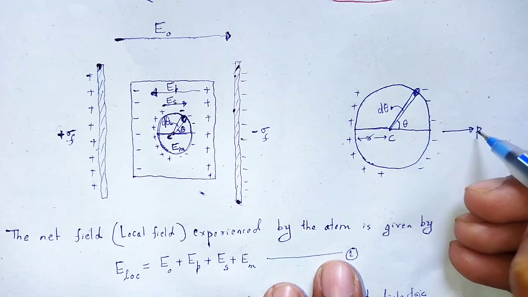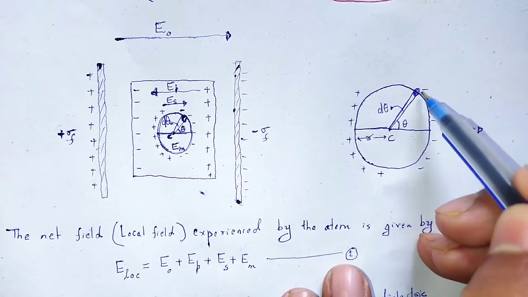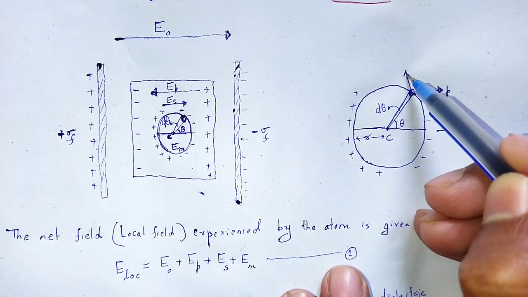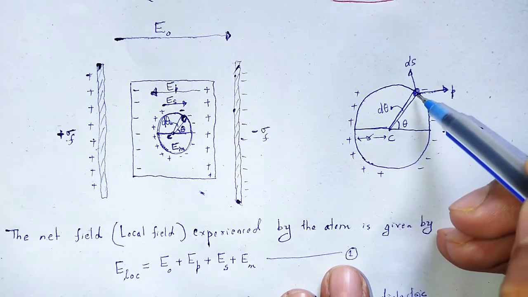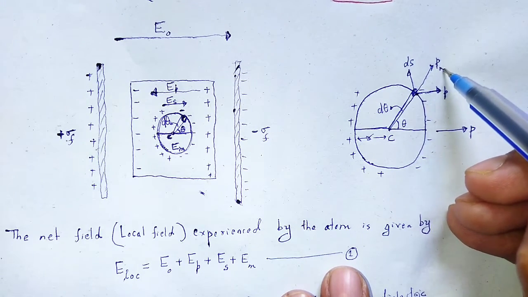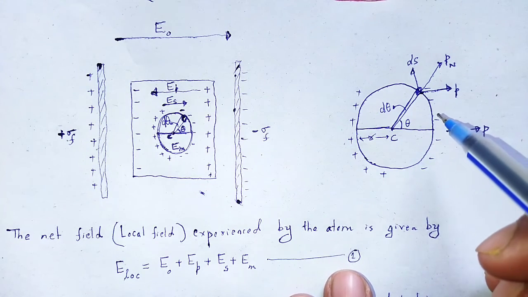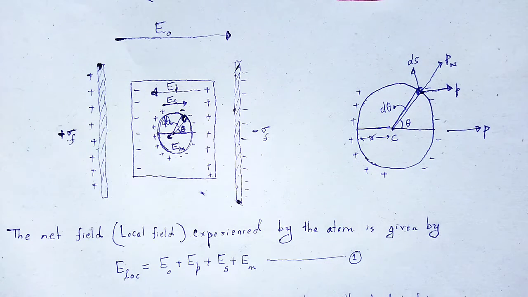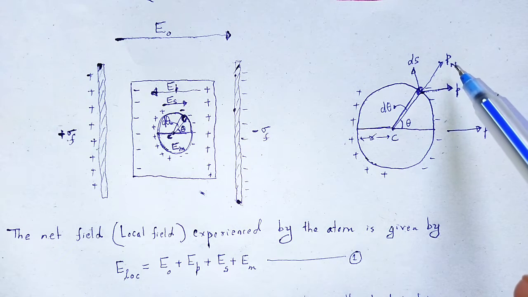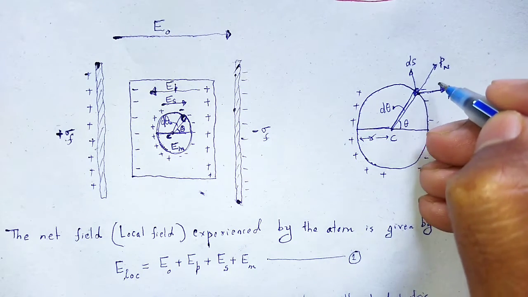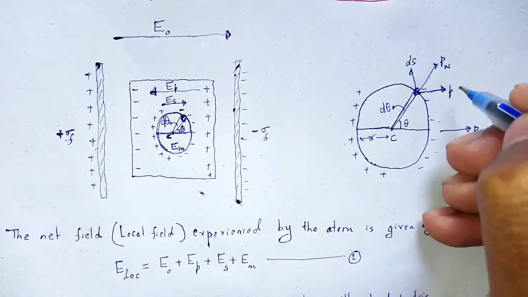That is the direction of P. Here in the direction of P, that be the direction of surface ds, and its normal component of P is Pn. The only contribution is due to its normal component. So, the component which is perpendicular to that surface ds, we denote it as Pn, and its value is Pn is equal to P cos theta.